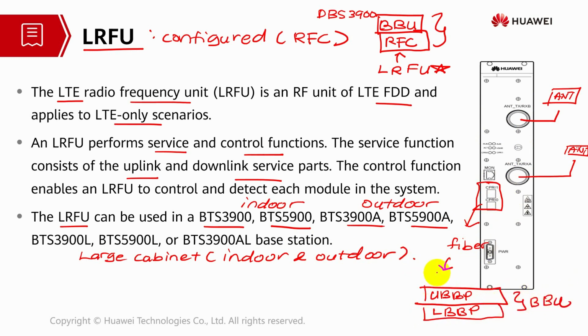So the fiber will go through the port in the UBBP card or LBBP card. But since this is a LRFU and it can only support LTE type solution, the LRFU will be connected to the LBBP card.